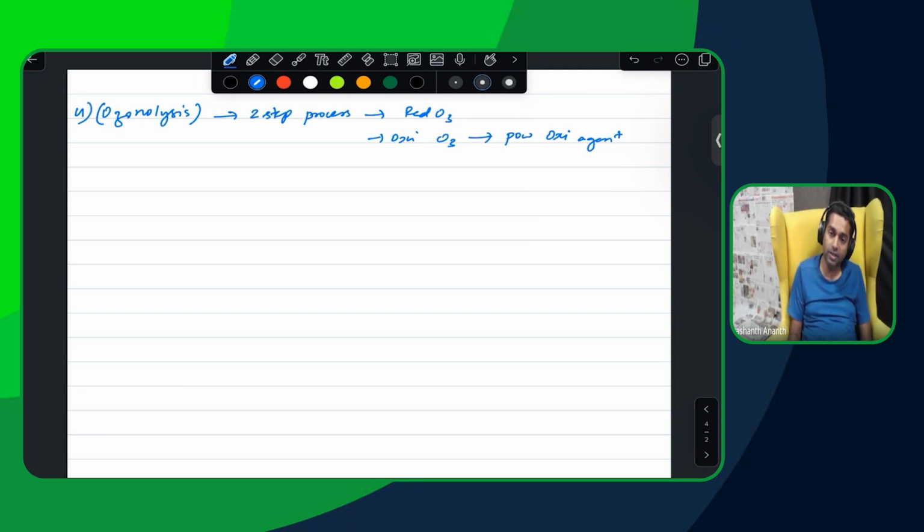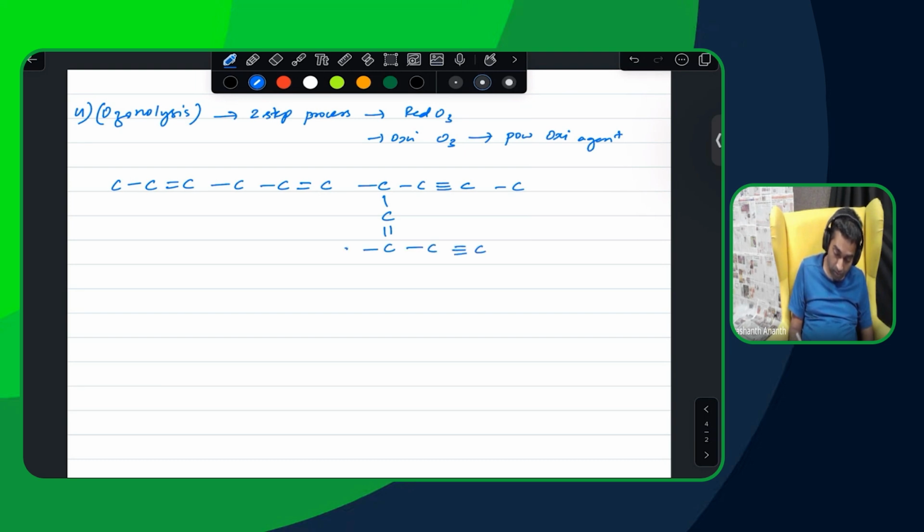So the idea here is, if I have a nice big compound like this, and I perform oxidative or reductive ozonolysis, let's find out what the products are. In this case, break every double bond and every triple bond.